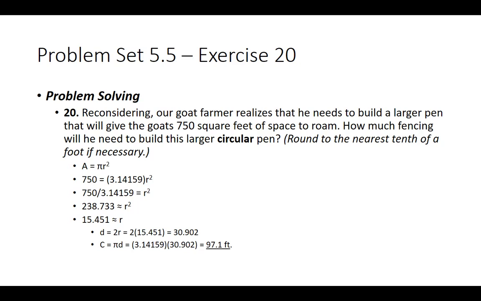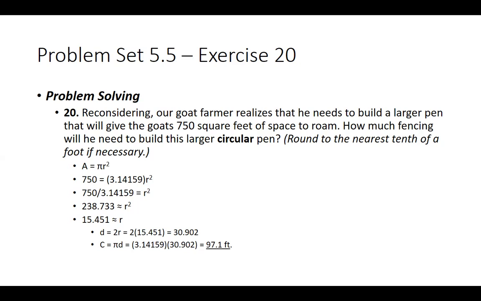We have our area formula. Area equals pi times the radius squared. And we want an area of 750 square feet. So we plug 750 in for A. We use 3.14159 for pi.